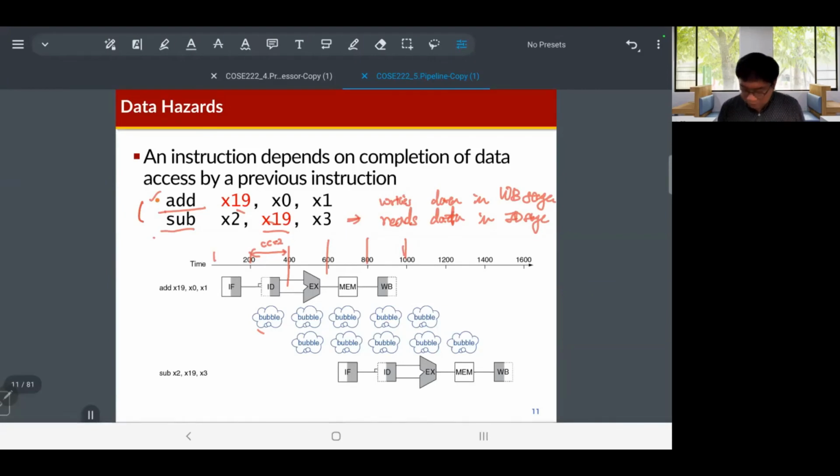In this example, 2 cycles are wasted, which means that in order to execute this sub instruction, we need to take 3 cycles for the sub instruction. You understand? That's why the CPI is increased.